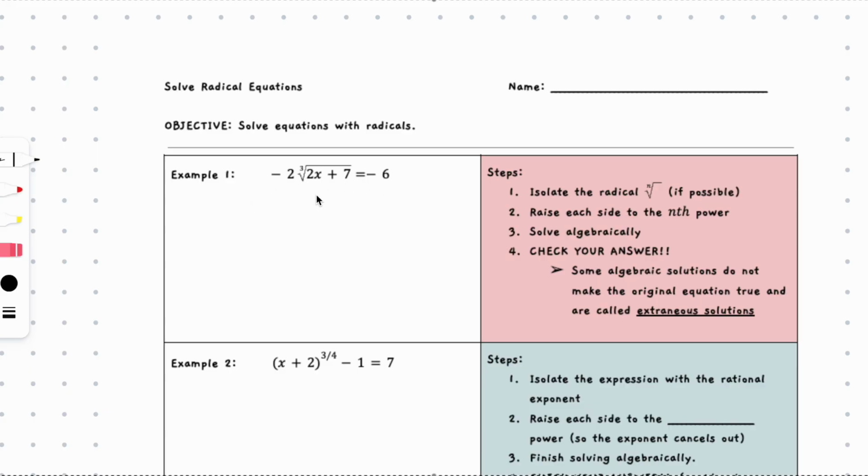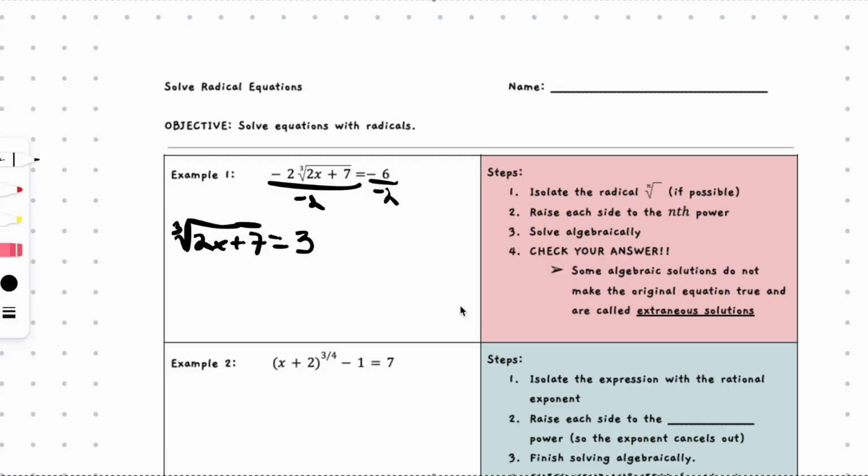Dividing by -2. So we divide both sides by -2, and we end up getting the third root of 2x plus 7 is going to be -6 divided by -2, which is +3.